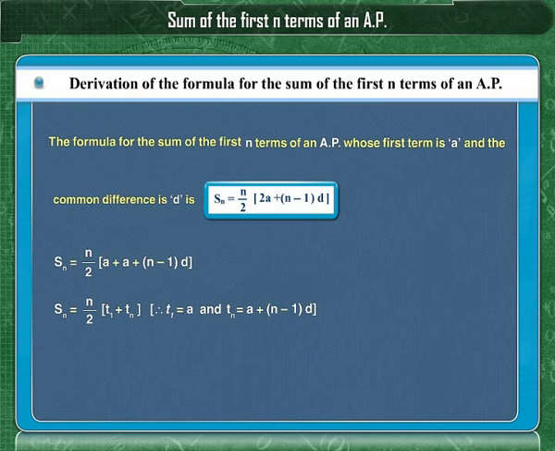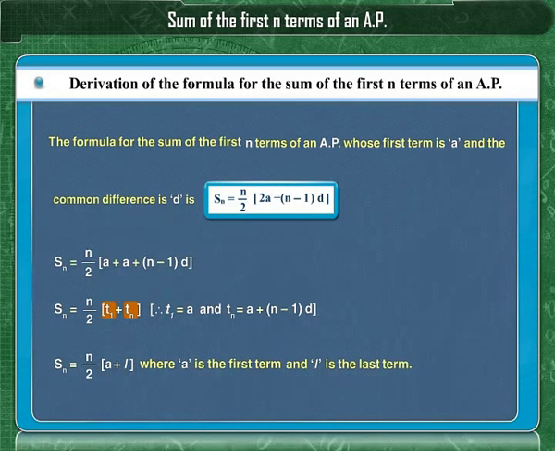This can also be written as Sn is n upon 2 into a plus l, where a is the first term and l is the last term. Let us now solve a few problems by using the formula for Sn.